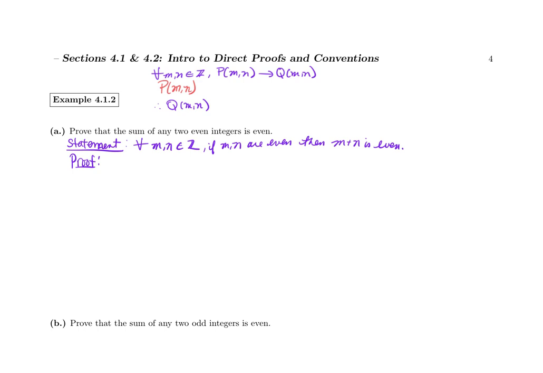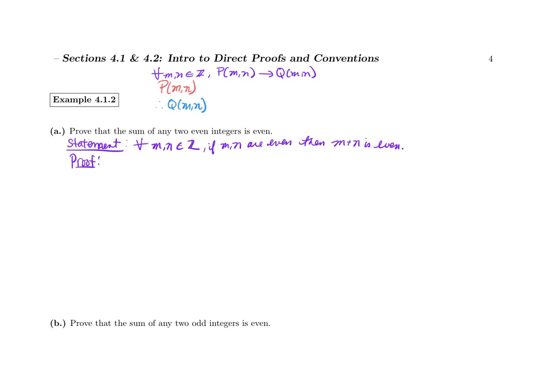And then we will finish in blue. So we will replace our q of mn here with a blue q of mn. And when we move into showing that q of mn must be true based on all of the information we got from supposing that p of mn was true, then we will know when we're done.